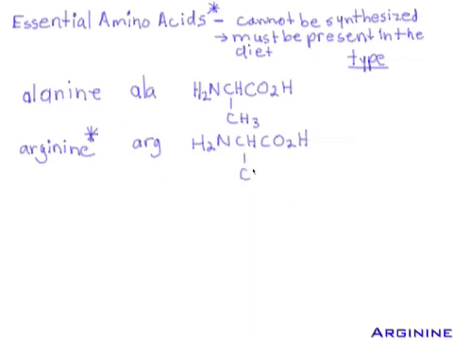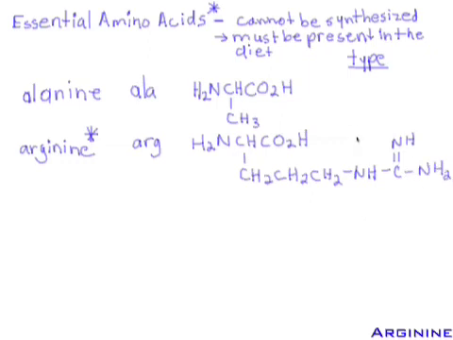It has 3 CH2s, and then off of the last CH2 is an NH attached to a C. Off of the C is a double bond, NH, and off of the C on the other side is an NH2.